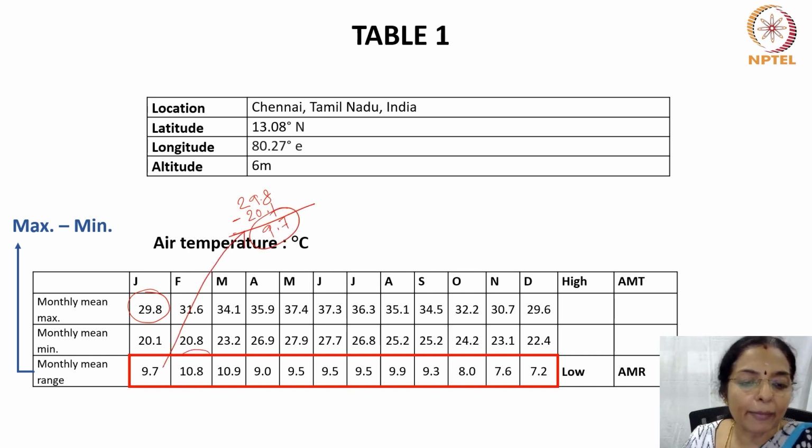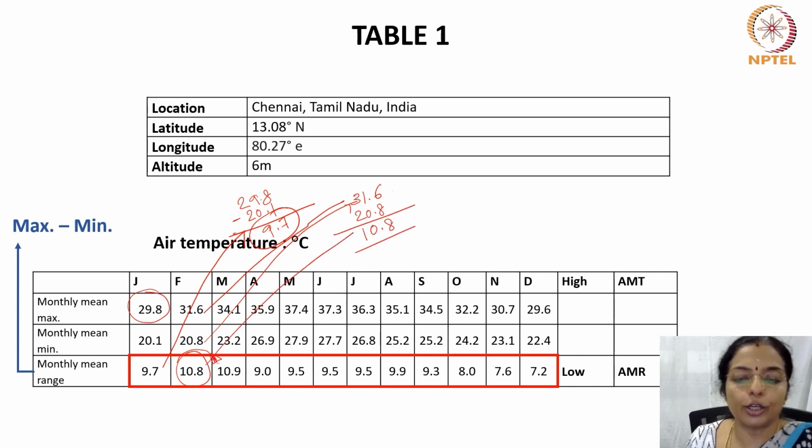In the same manner, how do you arrive at this? The monthly mean maximum for February is 31.6. The monthly mean minimum for February is 20.8, and that difference is 10.8. This must be entered in this row. Like this, the monthly mean range for all the 12 months must be entered.